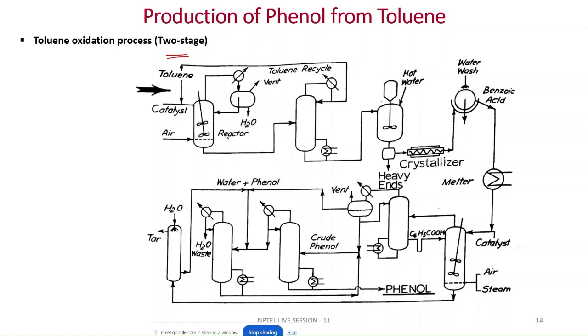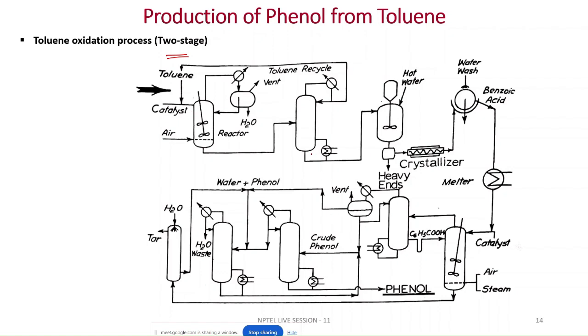The rest of the product is taken to be separated and fractionated, where the top portion is toluene. Some of the toluene is recycled to the first step of the feed.